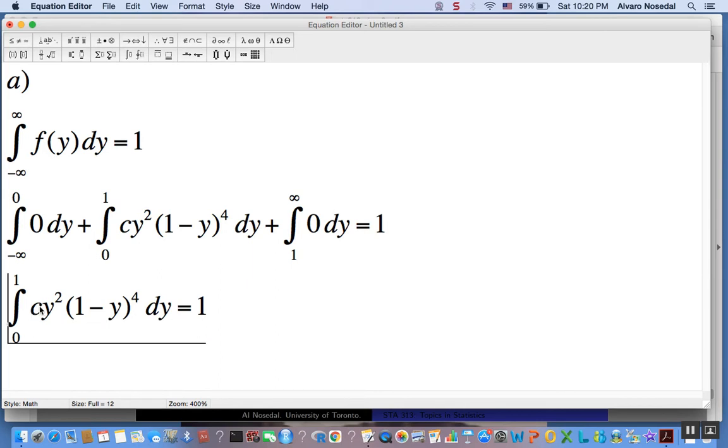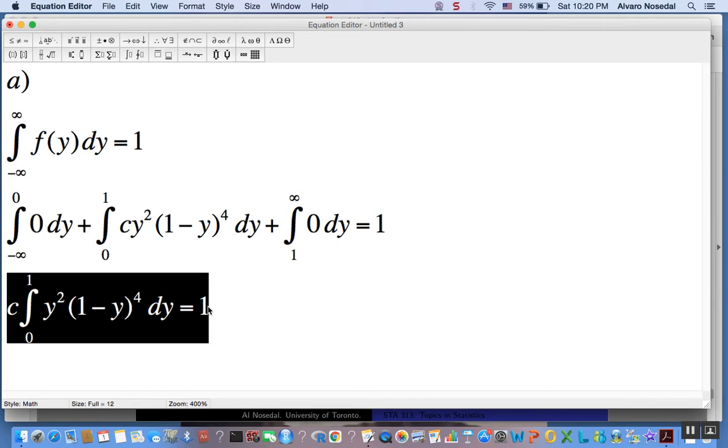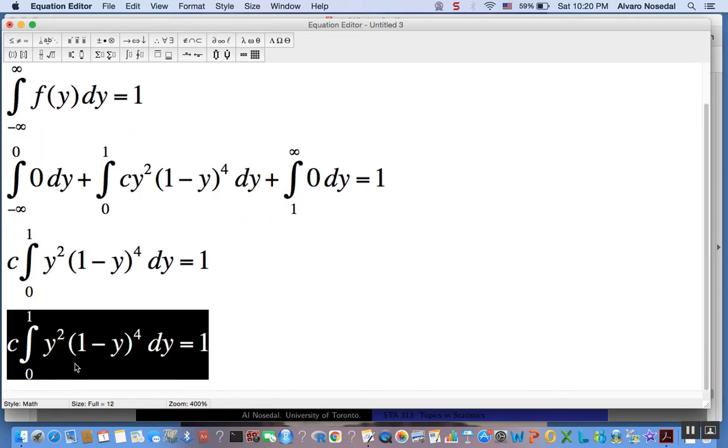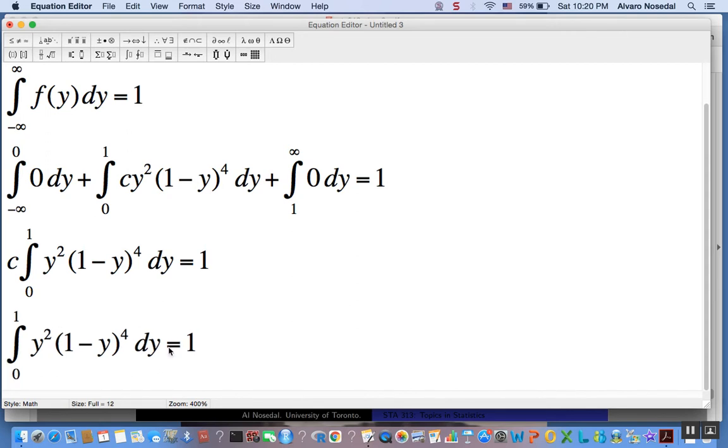Now here, let me take advantage of the linearity of integrals, so I'm going to factor out c. If we find this integral here, that's going to give you the reciprocal of c. Agreed? Okay.